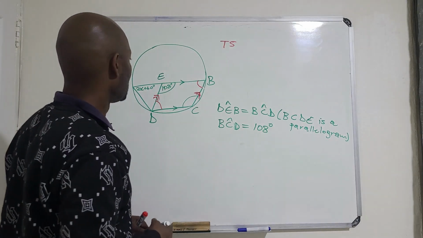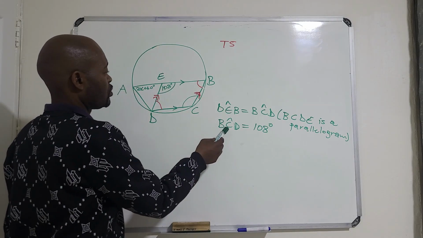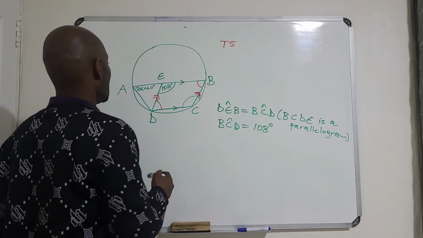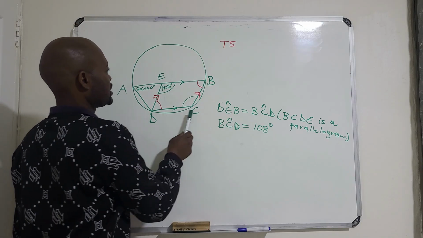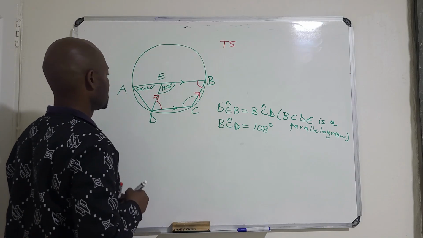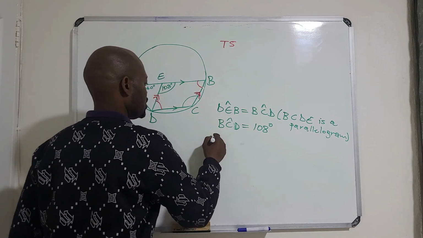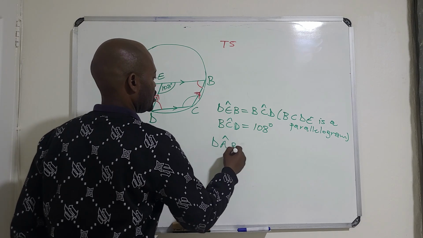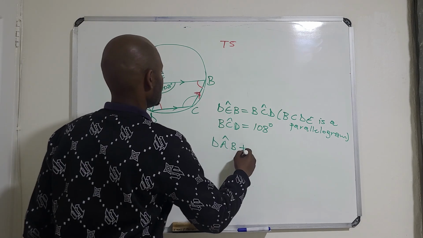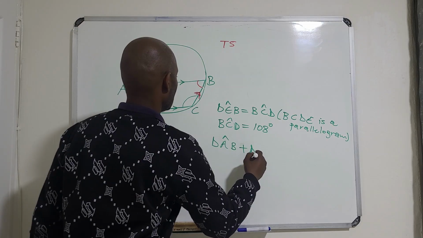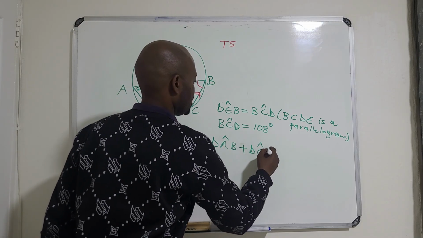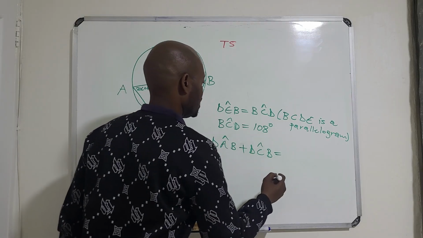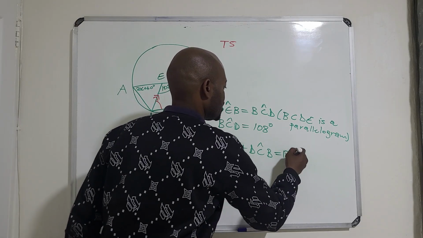Now, since we know this angle here is 108, and we know that ADCB is a cyclic quad, therefore angle A plus angle C is equal to 180 degrees.